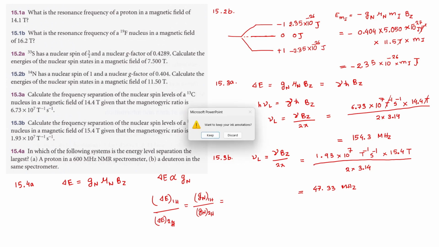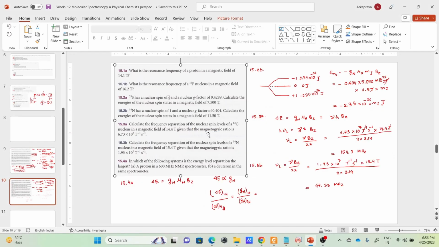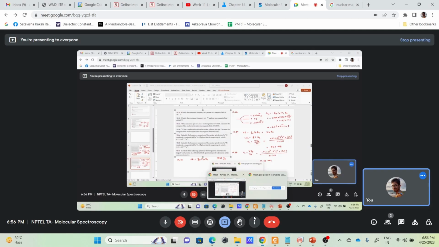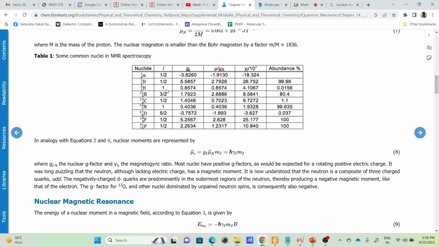So let us check what the value is. I think it is given here.